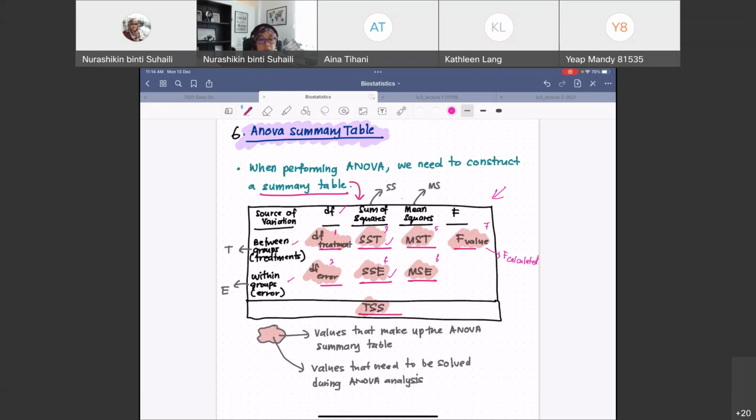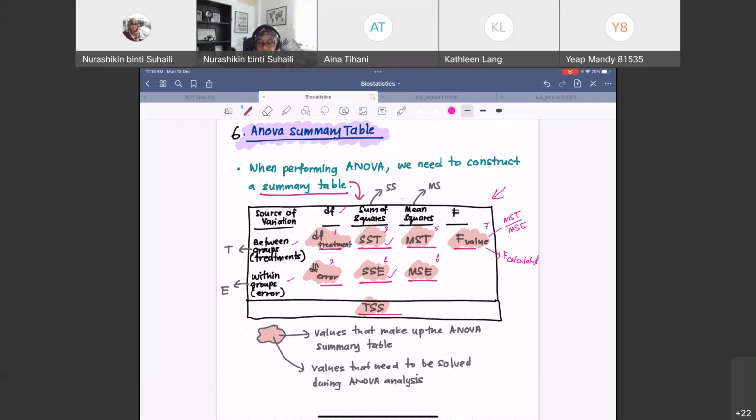To reach the F value, you need to make sure that the values you have calculated for the whole table are correct: DF, SST, SSE, MST, MSE, because the F value will be equal to MST divided by MSE. To find MST, there is a formula for it. If you go through the lecture, you will know that the MST depends on SST, and SST depends on the degree of freedom of the treatment.